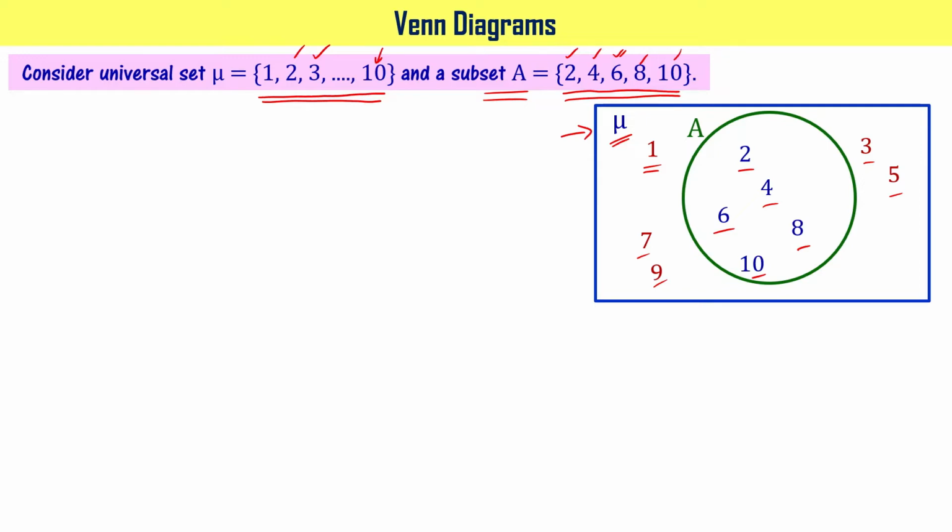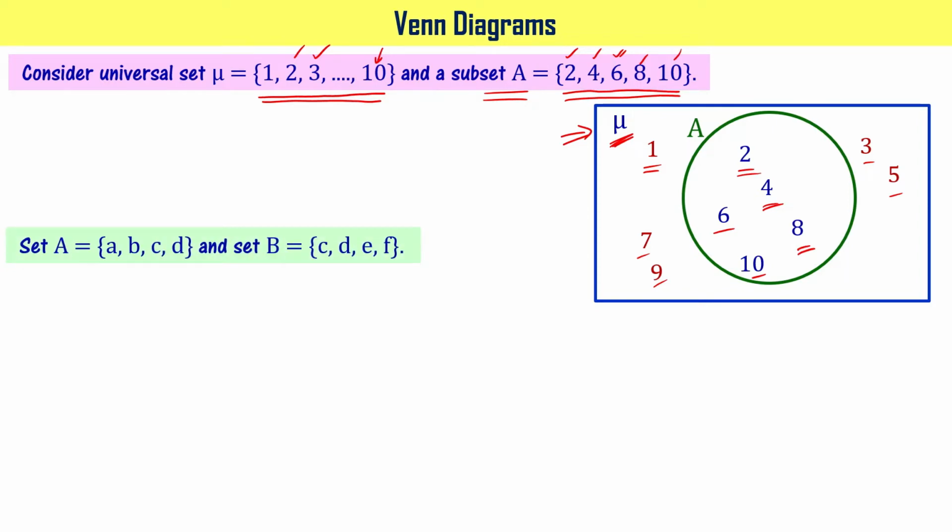The universal set is typically represented using a rectangular shape or a square, right? And any other set for that matter can be represented using a circle or ellipse. Got it? A is a subset of universal set mu. Looking at the figure, you will be able to say, because A is within the set mu, right? Set A, shown using a circle, is within set mu, shown using a rectangle, right?